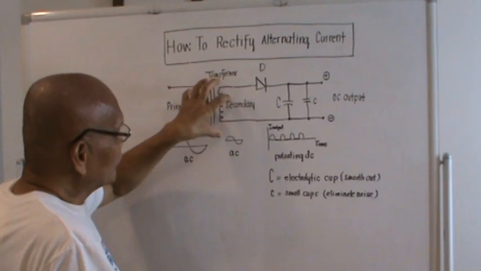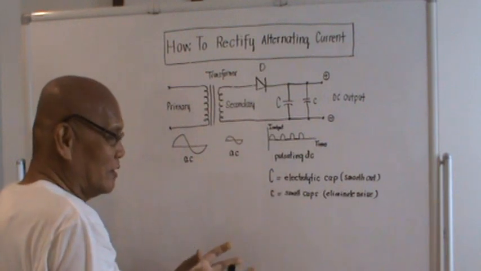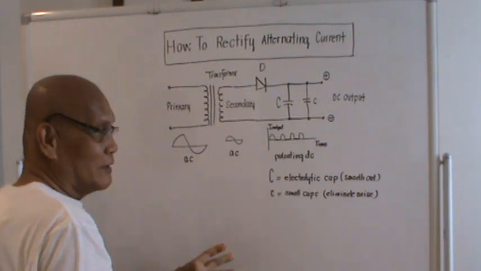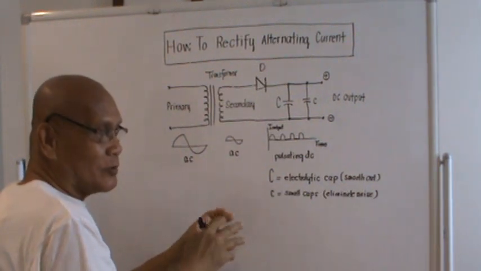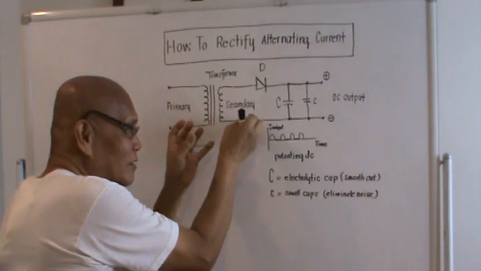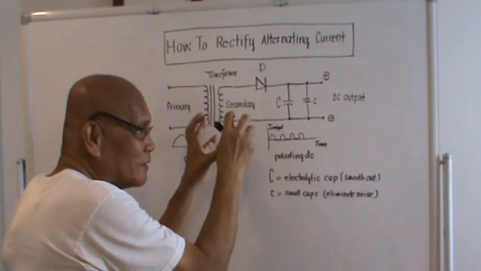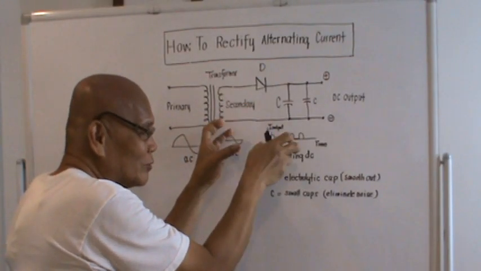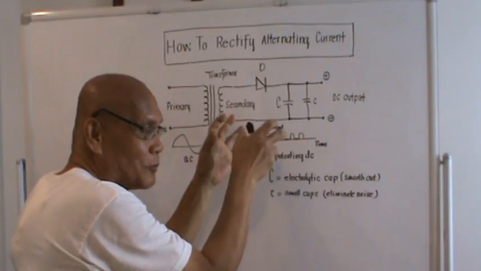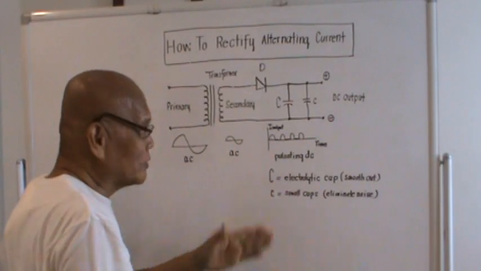And this transformer should be a small one, which we could use to convert that AC voltage to a lesser AC voltage, so we could convert that lesser voltage to a direct current voltage. And of course, if there is a direct current voltage, there should be a direct current source.